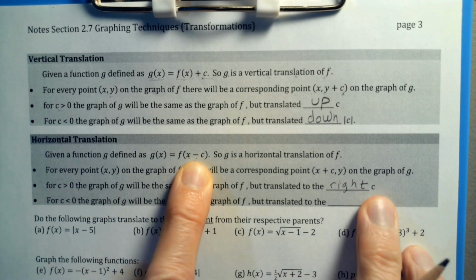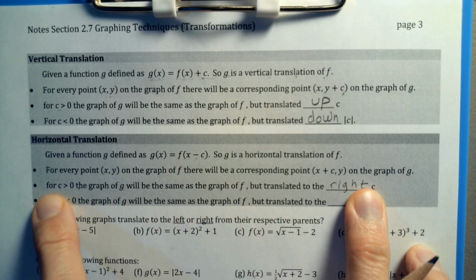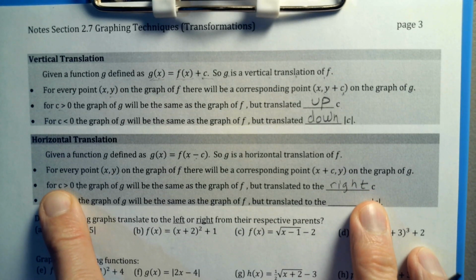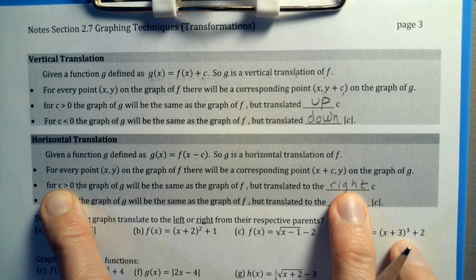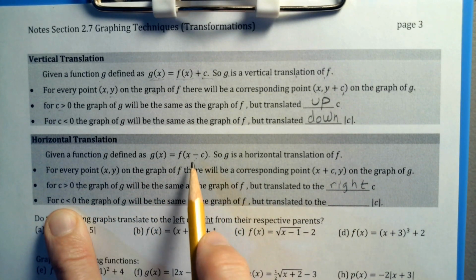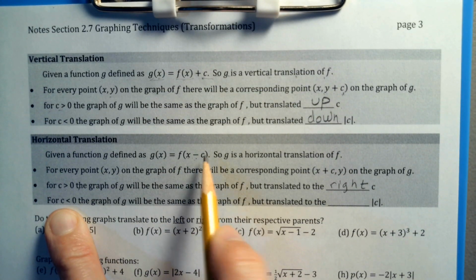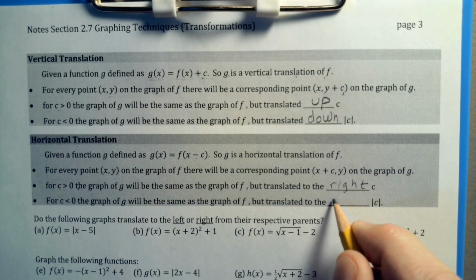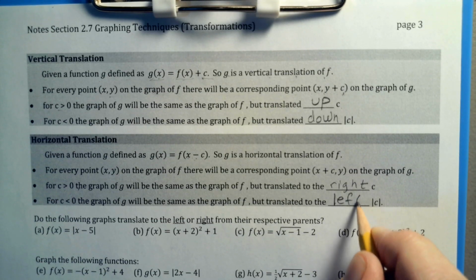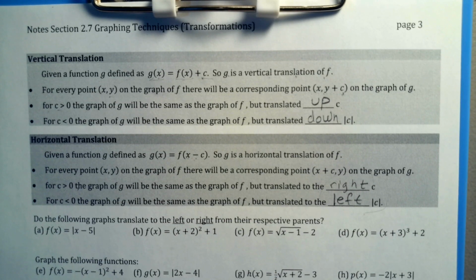It sounds like we're doing it wrong, but the negative is already in the formula. So if we're subtracting c, that means we actually go to the right. And if c is negative, then we'd really have x minus a negative, so we would write that as x plus the value, and that's when we're going to go to the left. That's why if you first look at these, they look like they're backwards, but they're not.